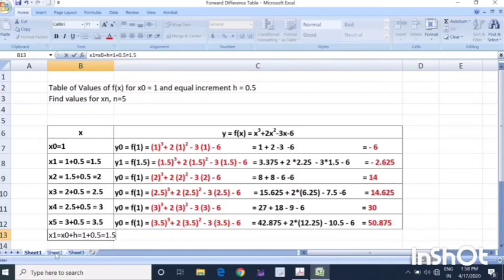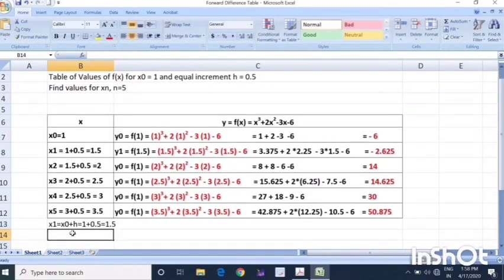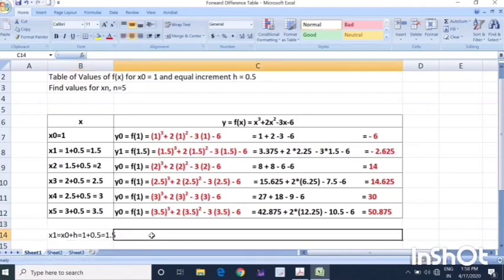In the same way we have done it for all these values using this formula. So the value of x1 is 1.5. Now we will find the value of the function at x equals 1.5.